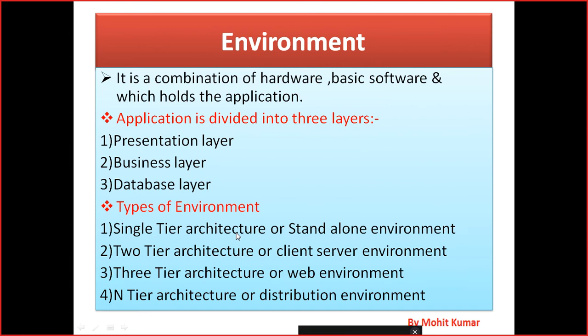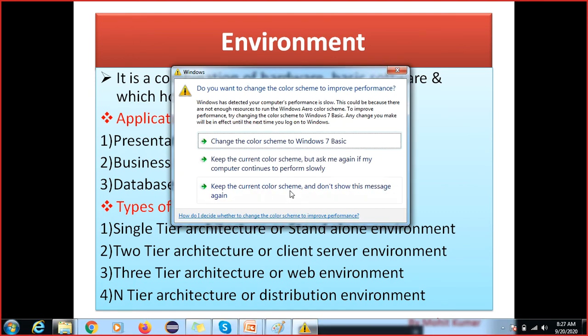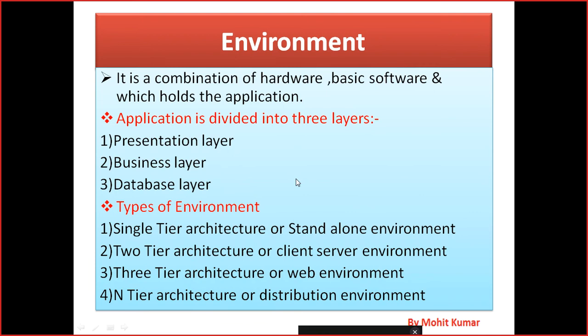Okay, so we have different environments, right? We already showed you. It is a combination of hardware and basic software which holds the application. Your application will be there somewhere, right? The application is divided into three layers: presentation layer, business layer, and database layer.